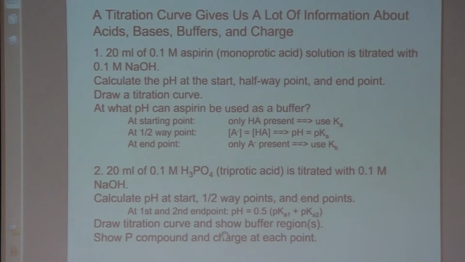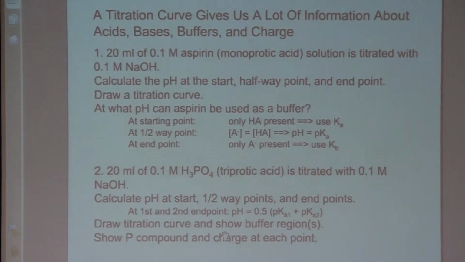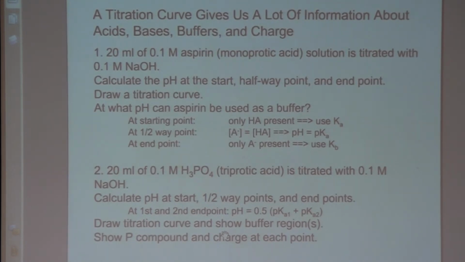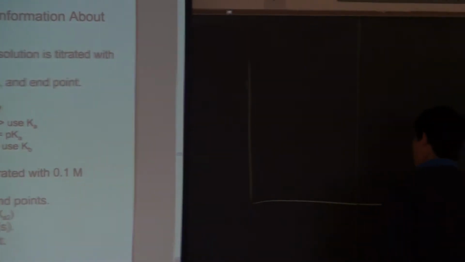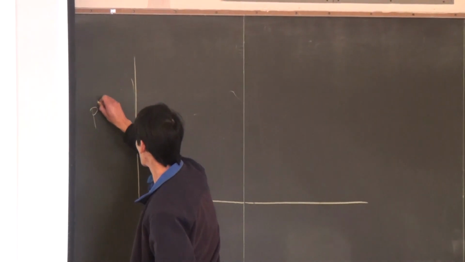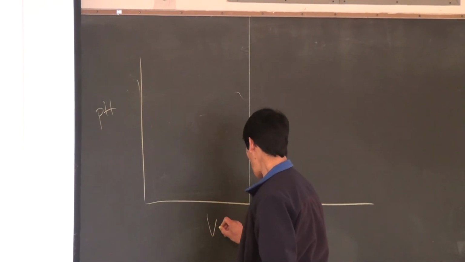Now, phosphoric acid is a triprotic acid, so what would this titration curve look like? So, again, we'll plot our titration curve pH versus... Okay, so let's do that. So we're going to plot pH versus the volume of base added.